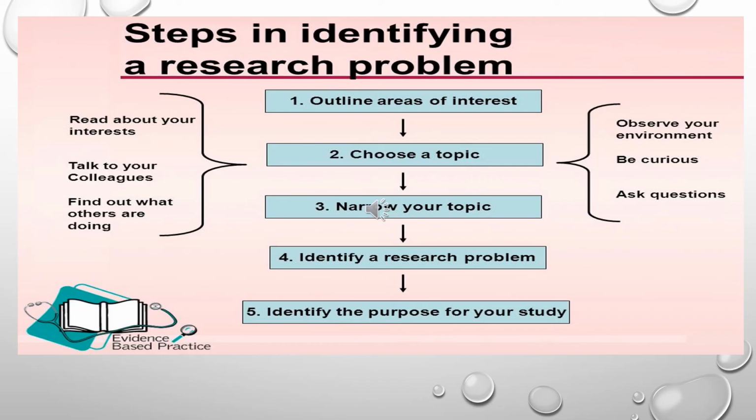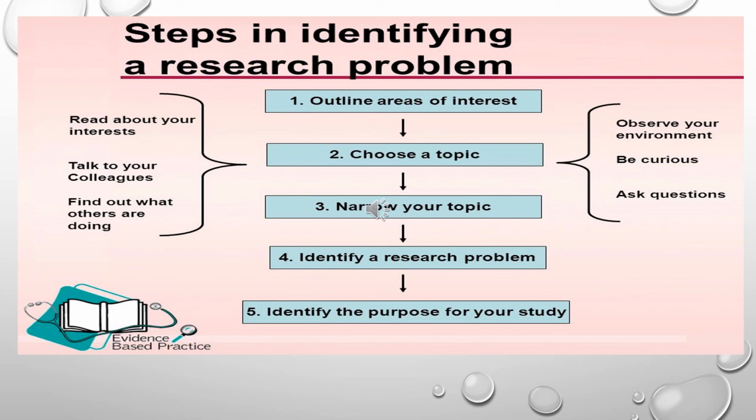Okay, these are the steps in identifying the research problem. What are the steps involved in finding the research problem? There are five categories. One is to outline areas of interest, choose the topic and narrow your topic. Identify a research problem. Identify the purpose of your study. So this is classified into two categories.